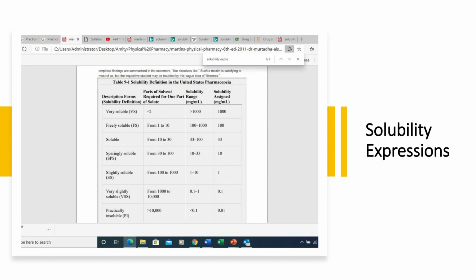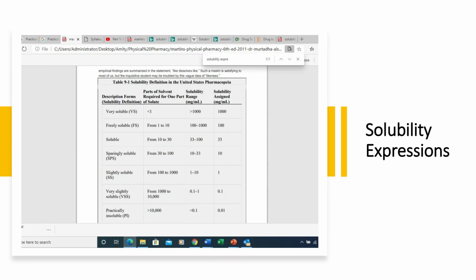Accordingly, we say the substance is soluble when the parts required are 10 to 30. You can see that as the parts increase, the solubility decreases. So you can say solute-solvent interaction is directly proportional to solubility. As the solute-solvent interaction is more, the solubility will be high.